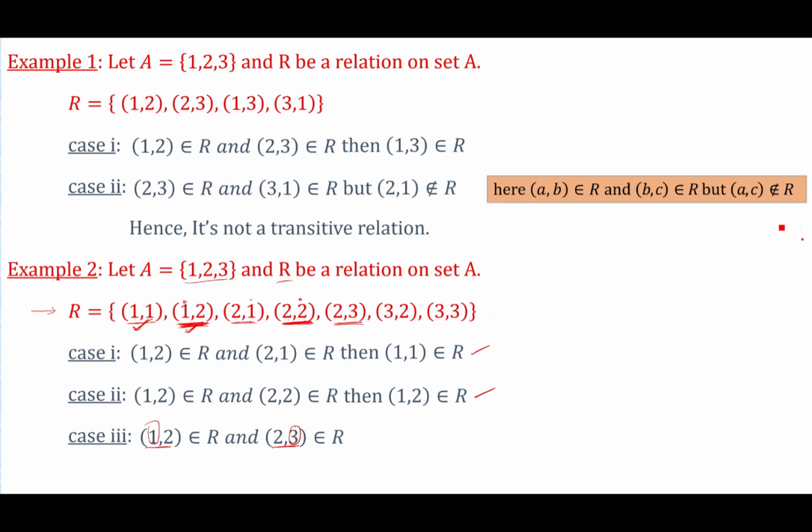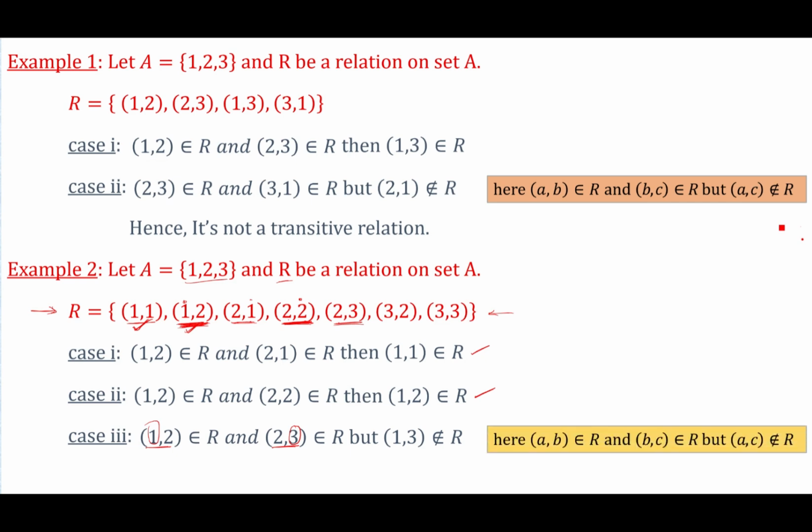If (1, 3) is not in my relation, then the given relation is not a transitive relation. Since we can write it: if (a, b) belongs to R and (b, c) belongs to R, then (a, c) must belong to R. That is the condition of a transitive relation. That is why it is not a transitive relation.